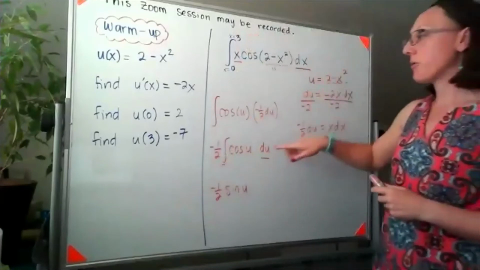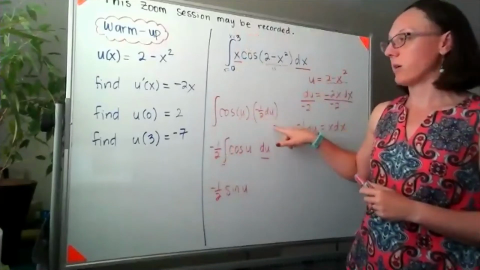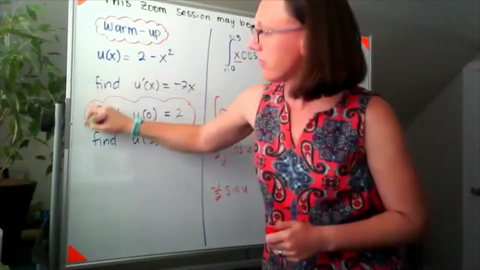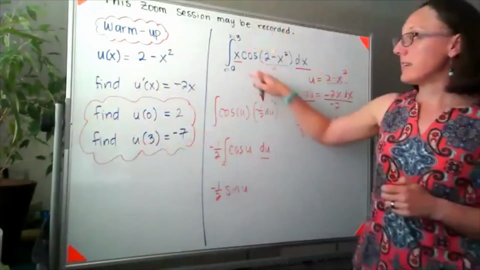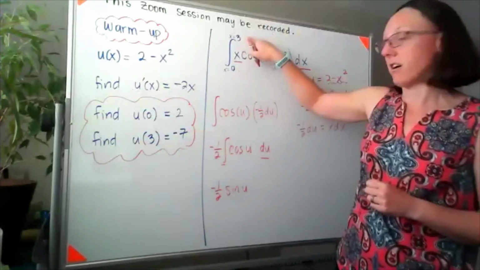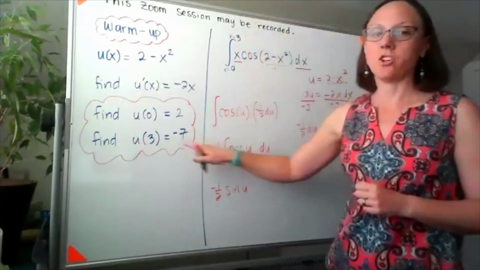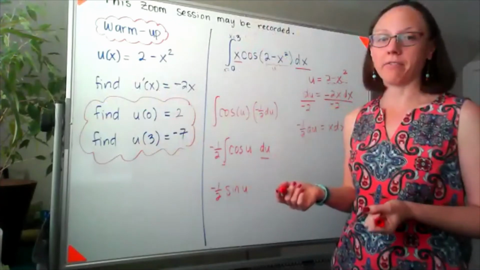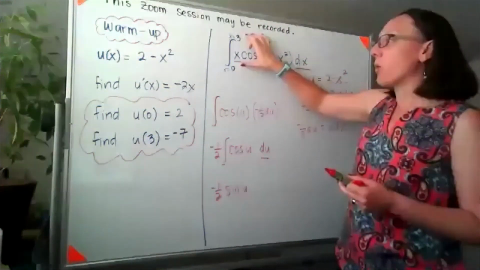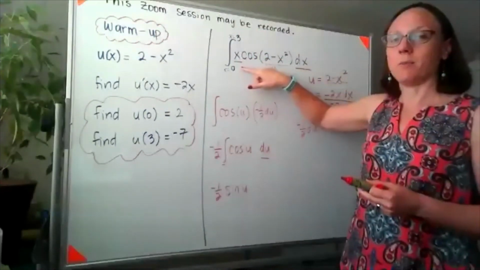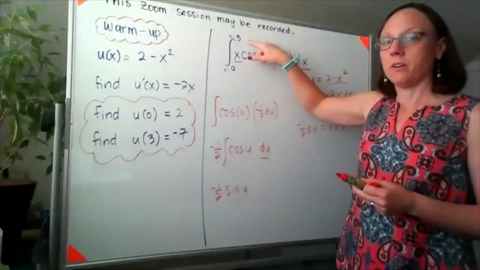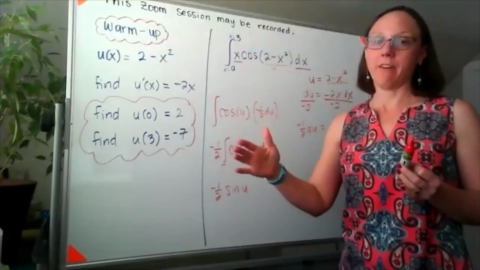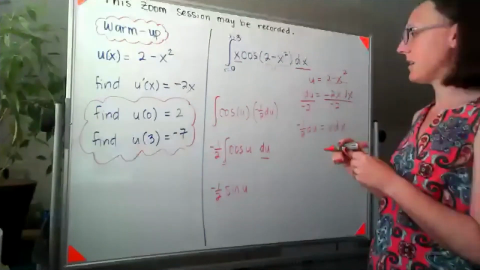So when we make our translation into something with u's, we also need to translate those bounds of x equals 0 and x equals 3 into new bounds with respect to u. One of the things to be careful about is normally we expect the number at the bottom to be less than the number at the top. Like if we were setting up for area, we're going from the left to the right.